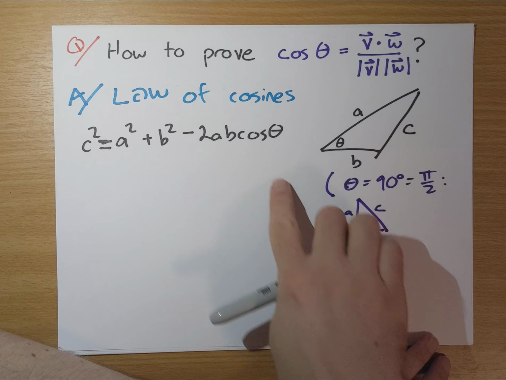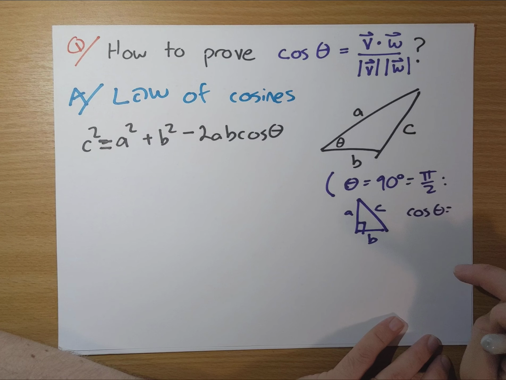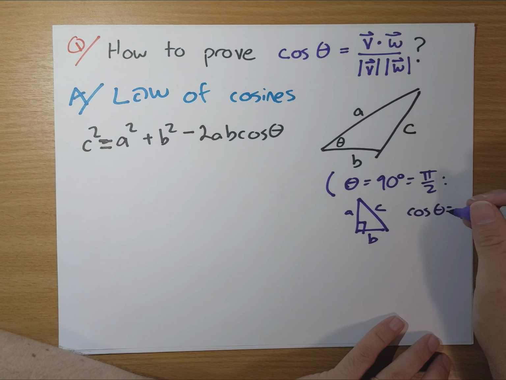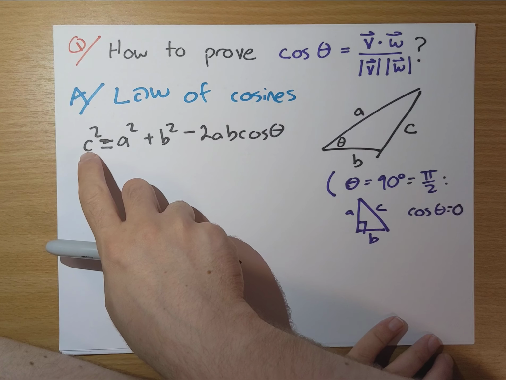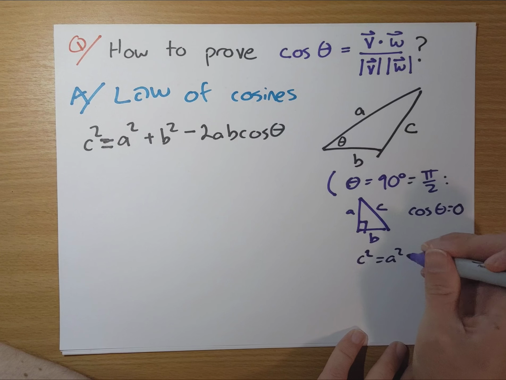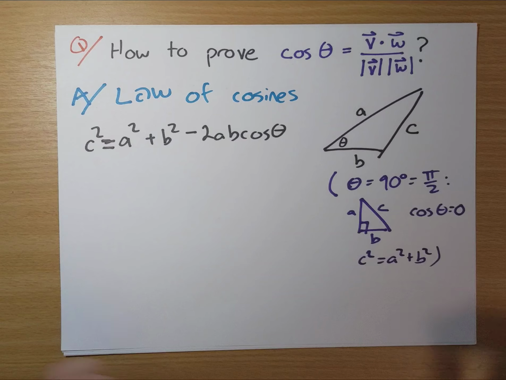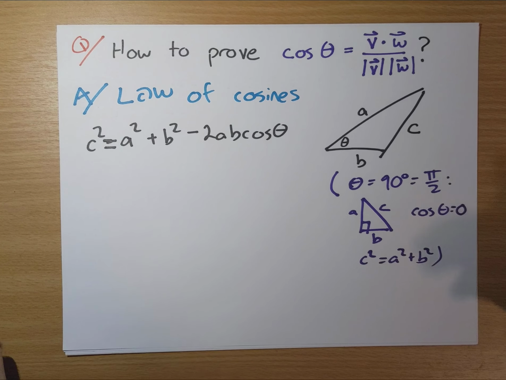And cosine of pi over 2 is 0. So this just becomes c squared is equal to a squared plus b squared. And I think we recognize that. That's just the Pythagorean theorem. So the law of cosines is a generalization of the Pythagorean theorem.